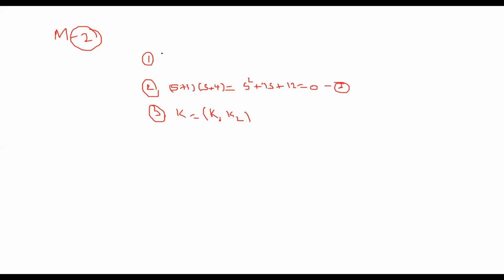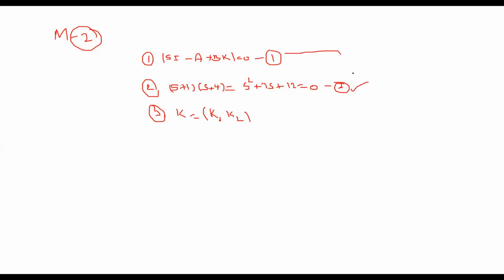What is the first step? As per the characteristic equation, I can write mod of (sI - A + BK) is equal to 0. If I do like this, I will get equation number 1. From the closed loop poles, equation number 2.